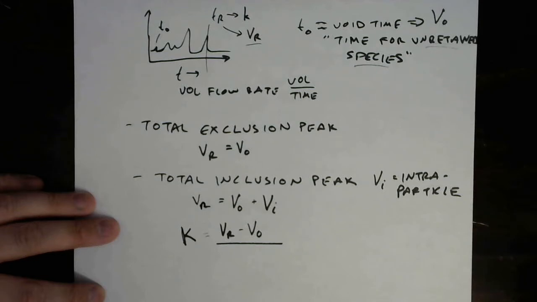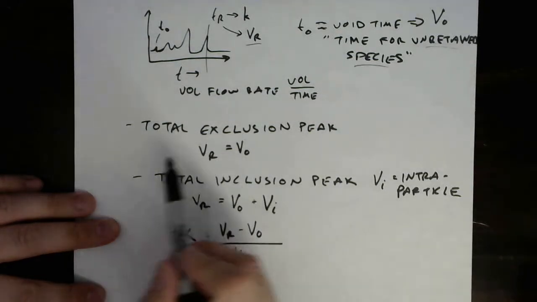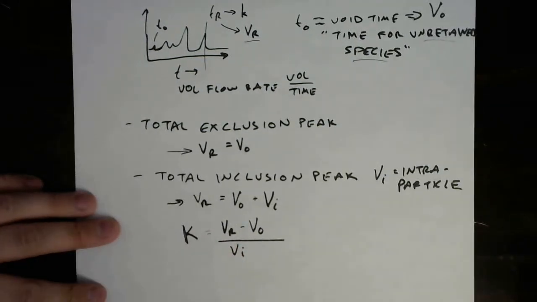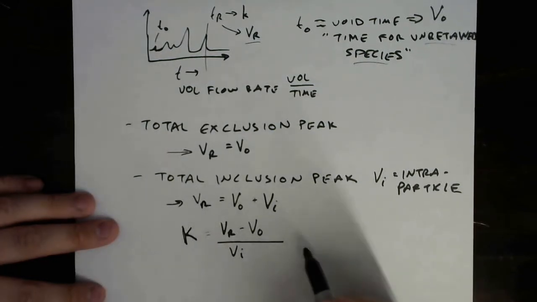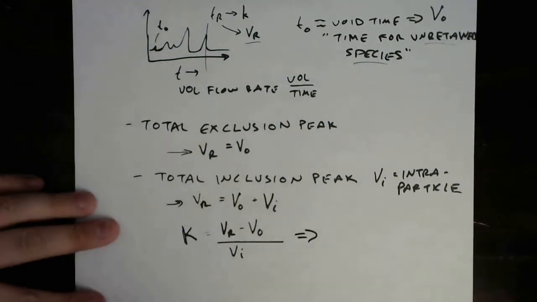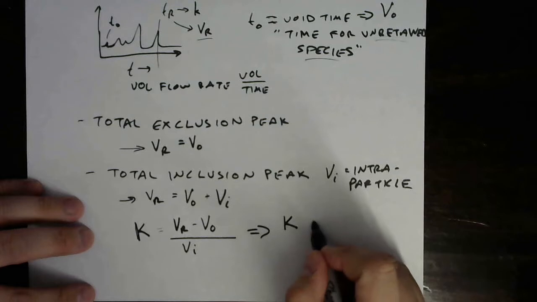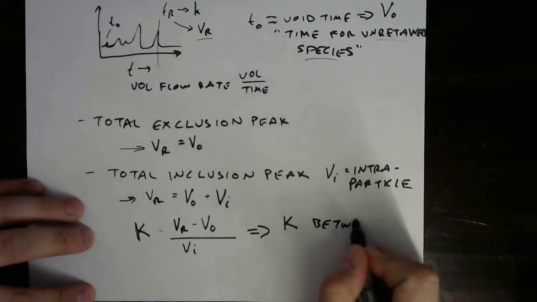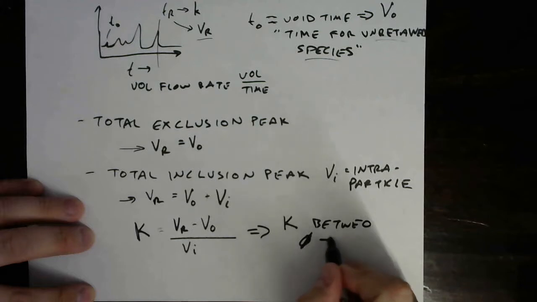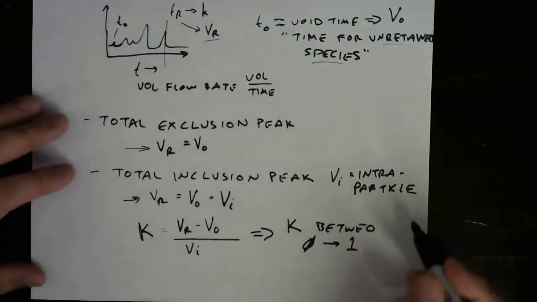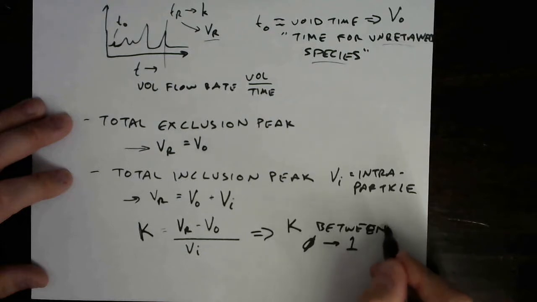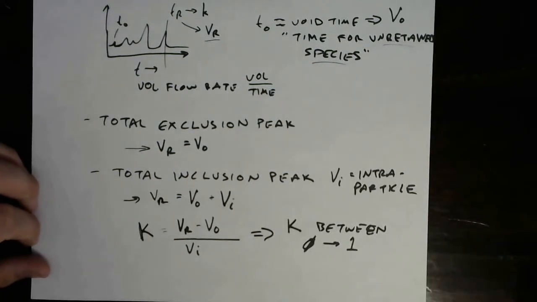We can divide that by the intra-particle volume, V sub I. And if we say these are the boundary conditions, the total exclusion and the total inclusion, what we end up seeing is that all of our separation happens in a space of this partition coefficient between 0 and 1. So it says between, got a little ahead of myself here, between 0 and 1.